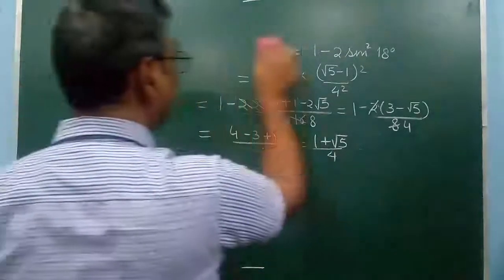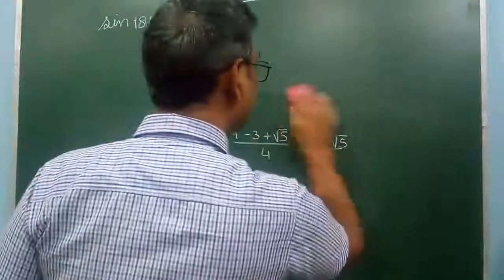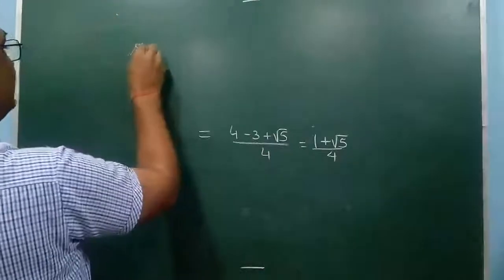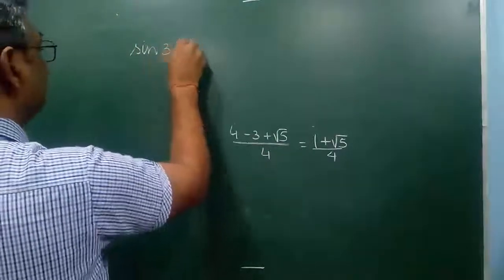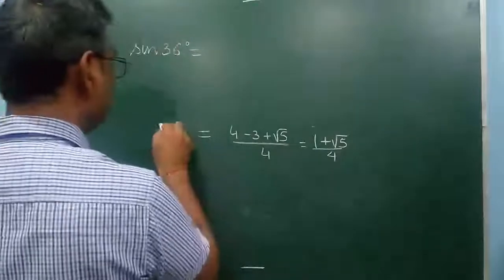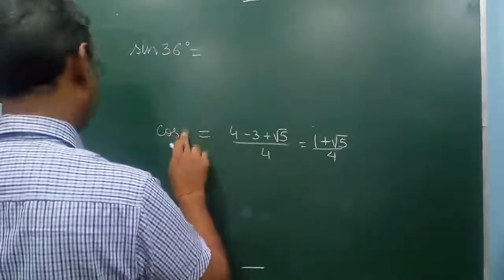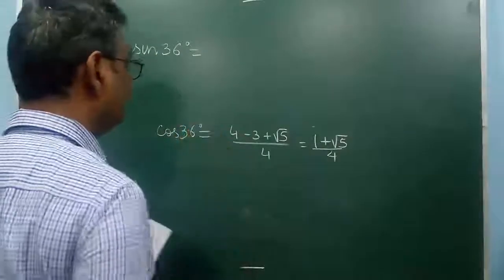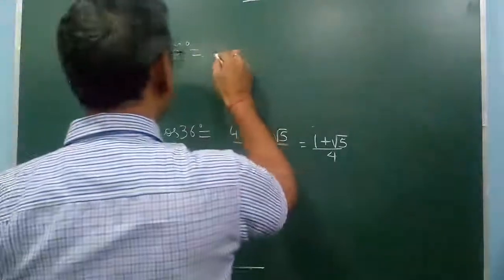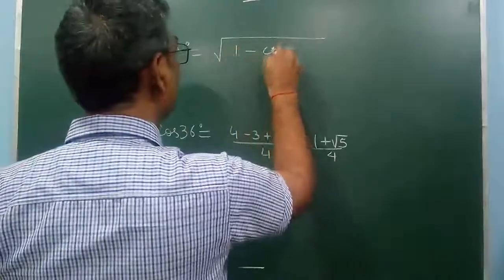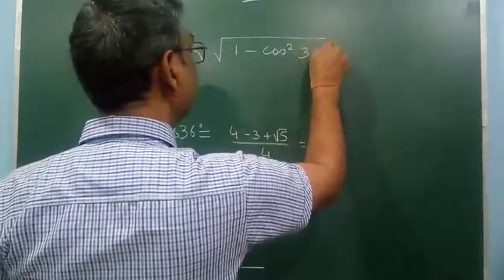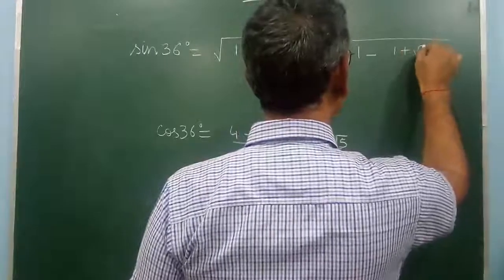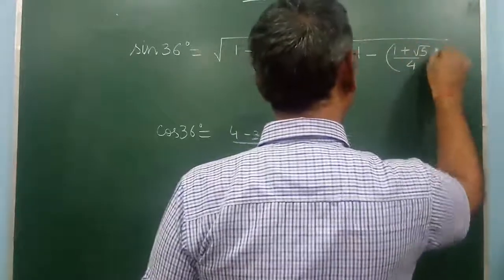Now we have to find the value of sin 36. Sin 36 degree we can have under root 1 minus cos square 36 degree. This means under root 1 minus 1 plus root 5 by 4 whole square.